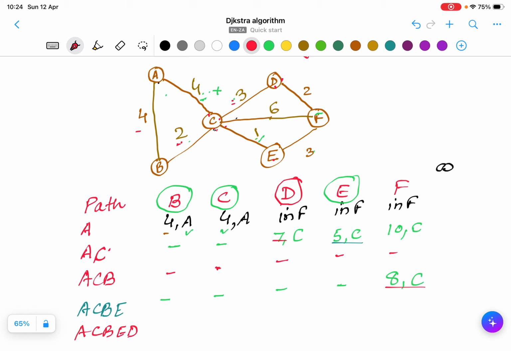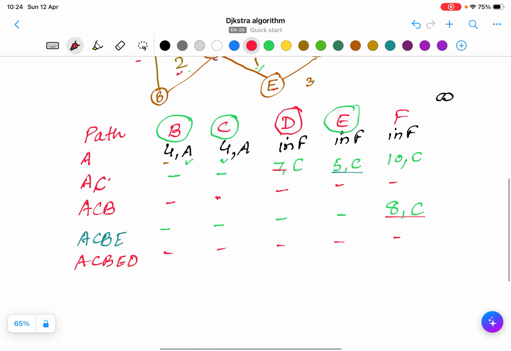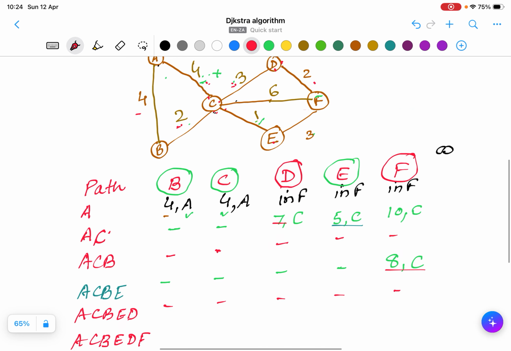When we use D as an intermediate node, there will not be any change in the cost of B, C, D and E. The only one we can try is 4 plus 3 plus 2 for F, which will be 9, so again this will remain the same. Now the only node left is F, so it will be A, C, B, E, D, F. We will introduce F now and see the cost again. Again these costs will remain the same, you can calculate it.